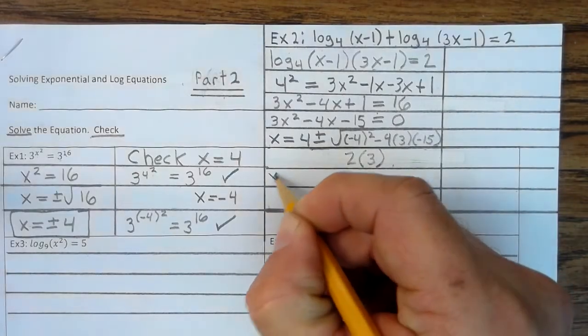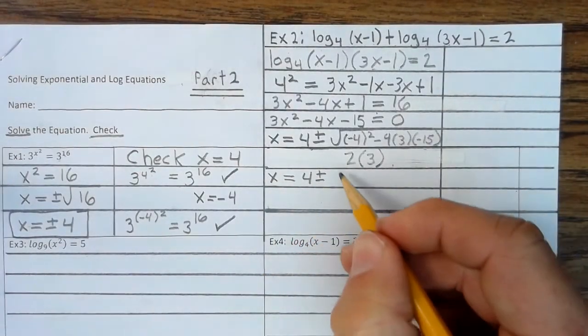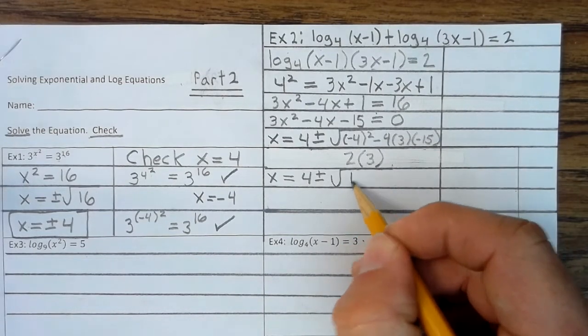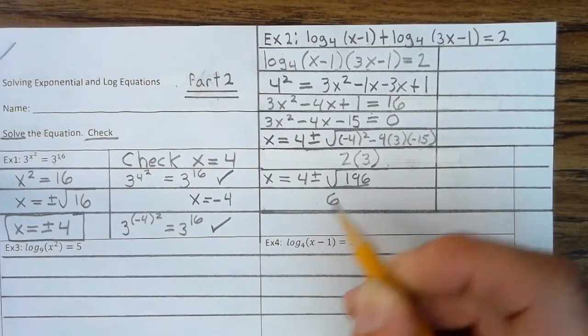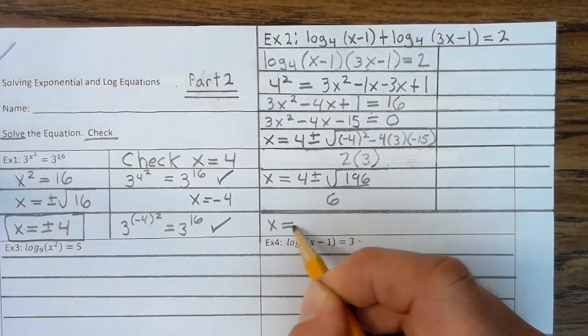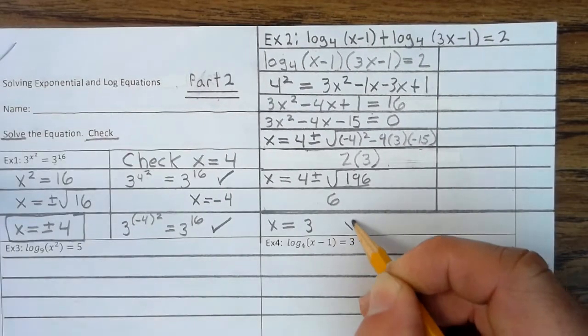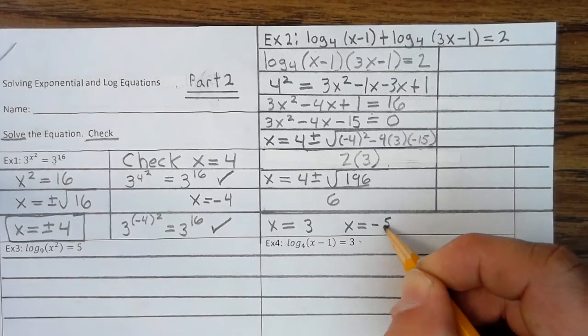So that reduces to x equals 4 plus or minus the square root of 196 divided by 6. So x equals 3 and x equals negative 5/3.